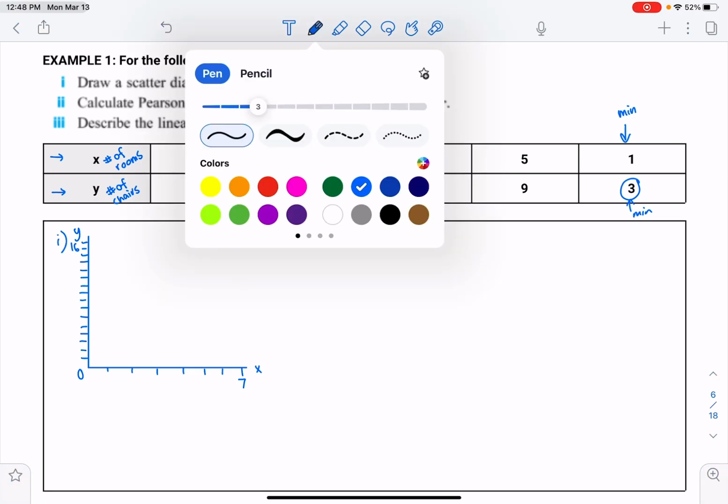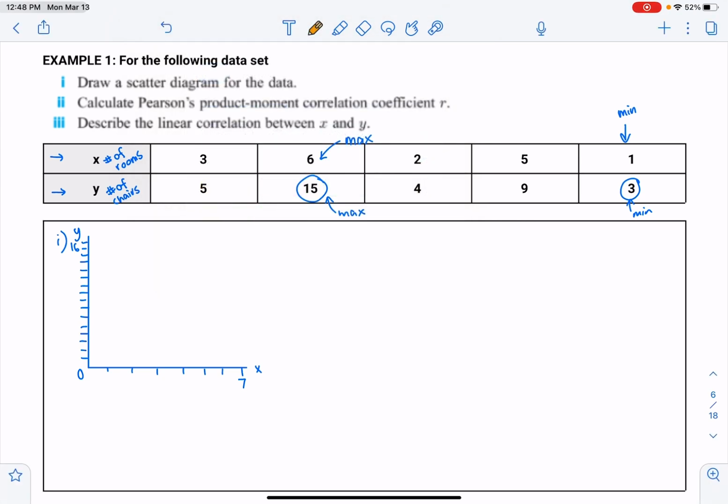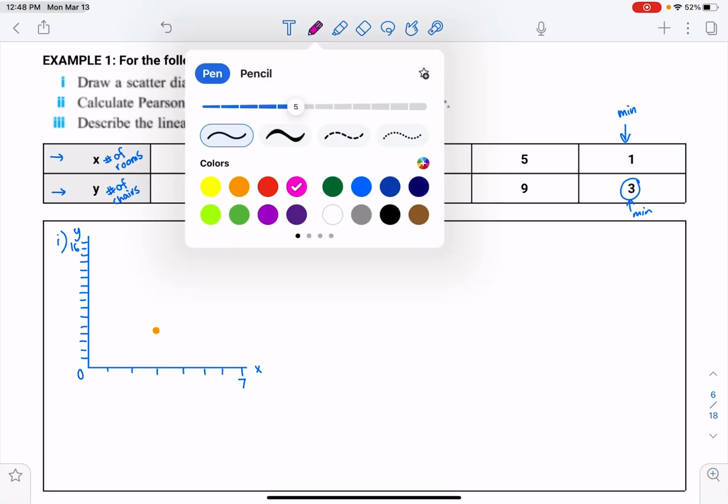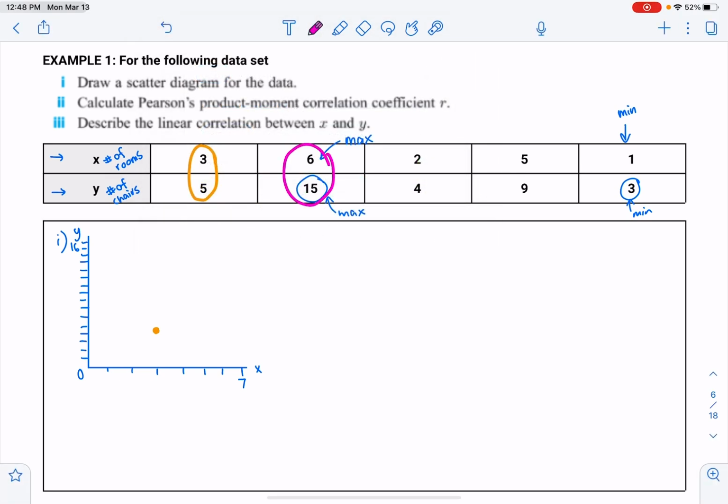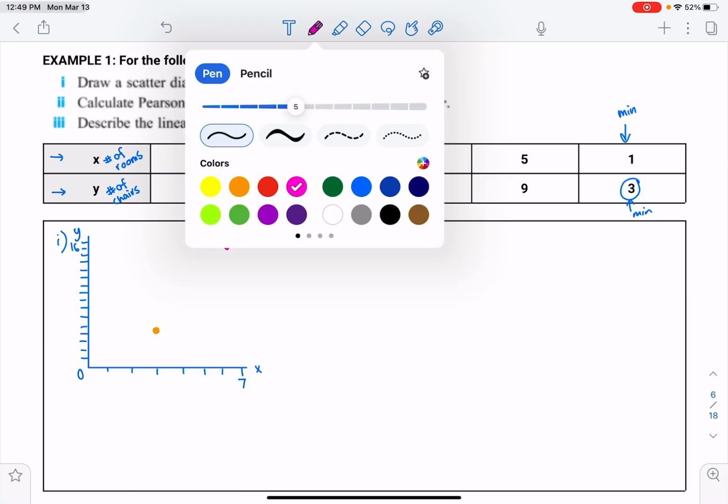Woohoo. All right, so we're going to put our coordinate points on here. The first one we have is 3, 5. So 3 on our x-axis and 5 on our y-axis puts us right about there. After that, we have 6, 15. So 6 on our x-axis, 15 on our y-axis, right about there.